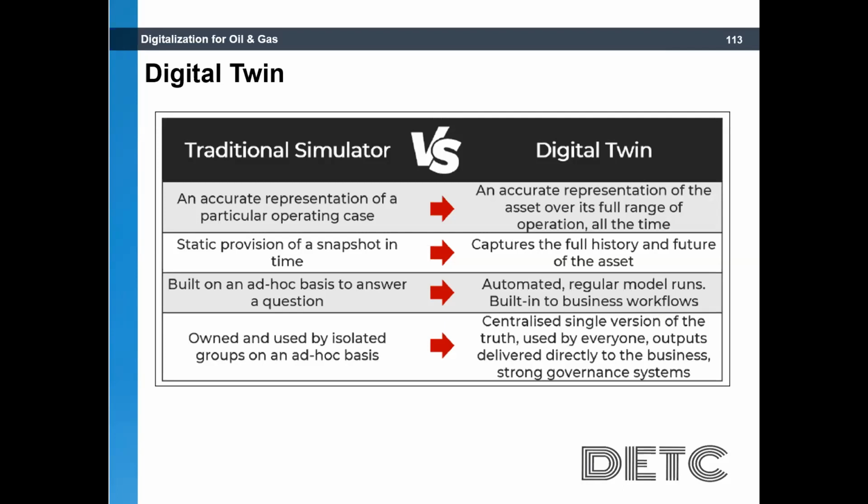The digital twin allows for regular model runs built into business workflows, as opposed to a traditional simulator, which attempts to answer a question. The digital twin is a single version of the truth that is used by everyone, as opposed to traditional simulators, which are isolated groups.